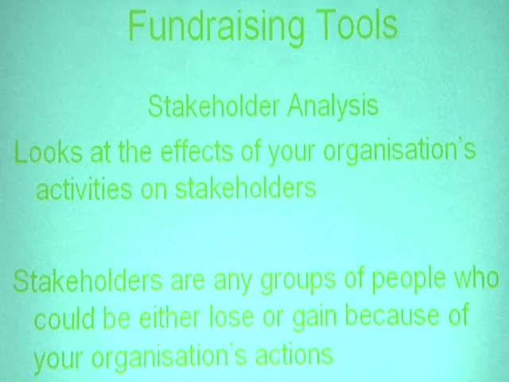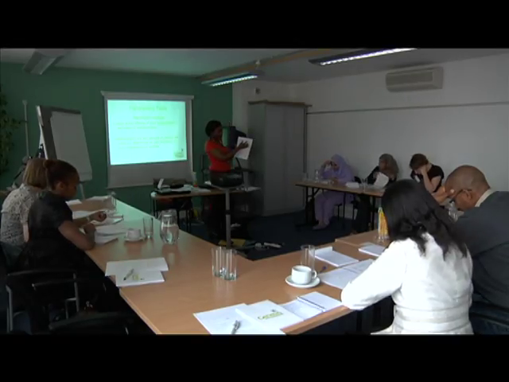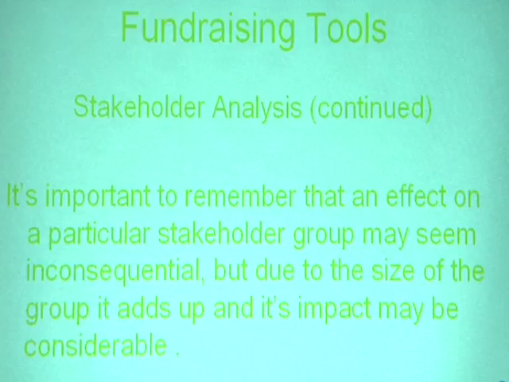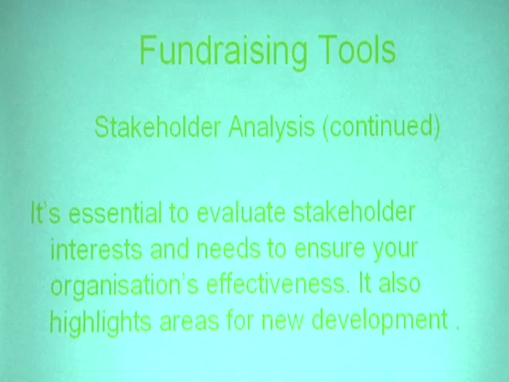The reason you need to be aware of these things, and to ask yourself the questions in the middle, is because it will affect your fundraising. Not all the stakeholder groups will necessarily be applicable to your organization, but I want everyone to think about how their organization's activities, or a project in particular, would affect these groups.